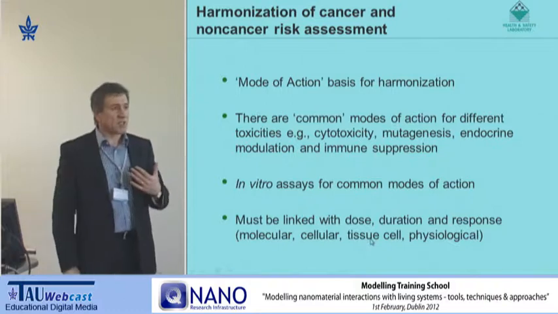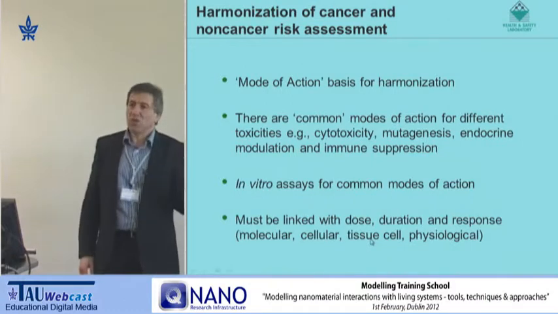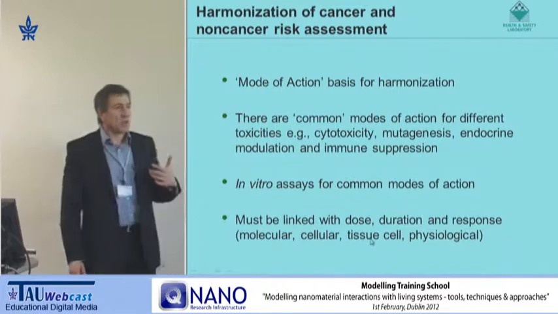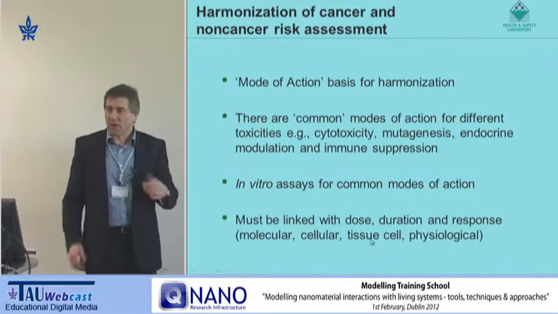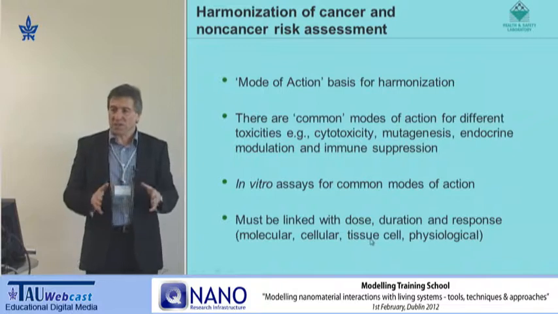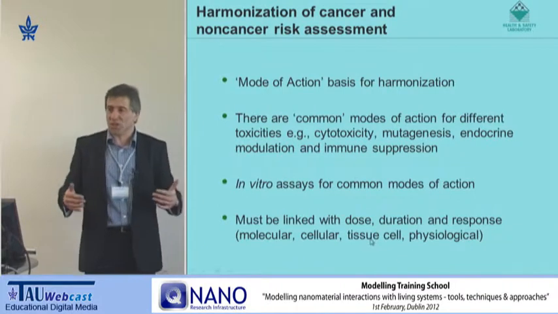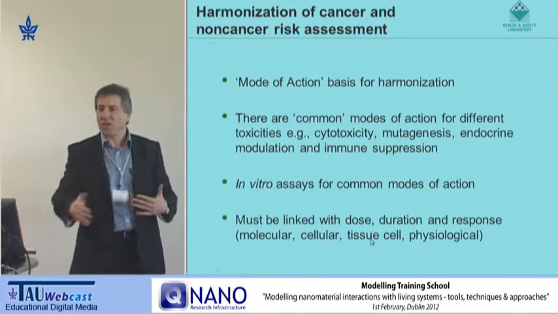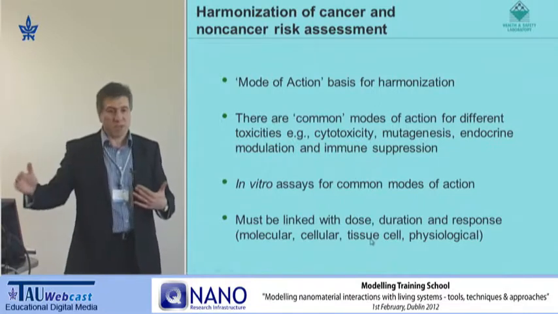Generally speaking, as I finish now, mode of action is the basis of an international program of trying to harmonize risk assessment globally. And increasingly, we're observing that there are a number of processes that precede apical toxicity. What I mean by apical toxicity is overt, full-blown pathology.